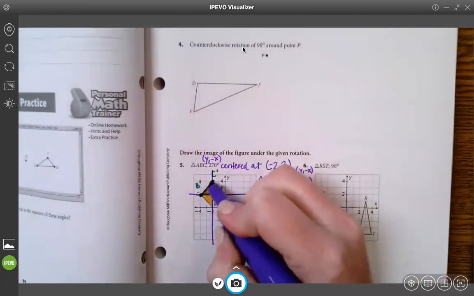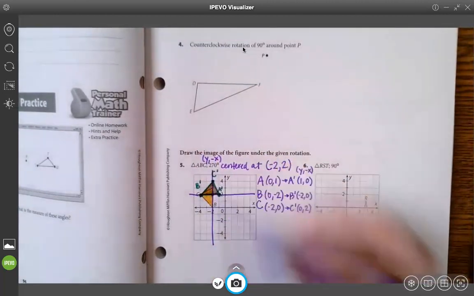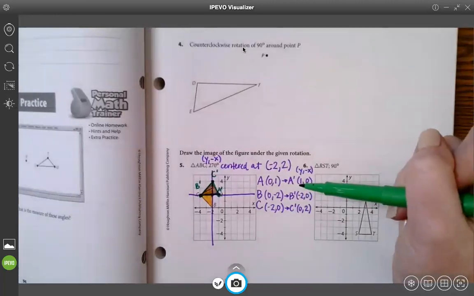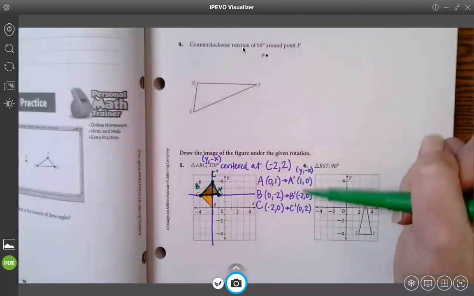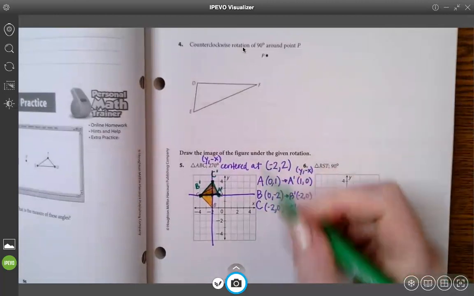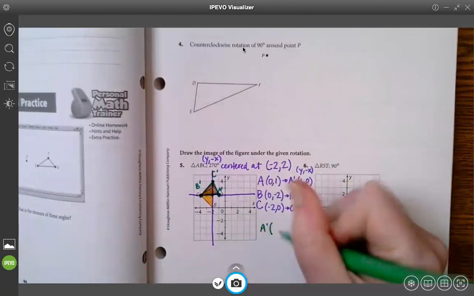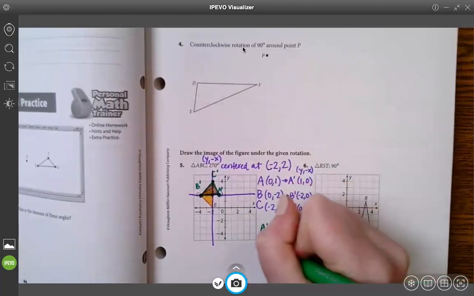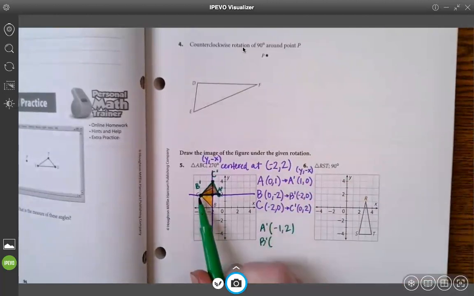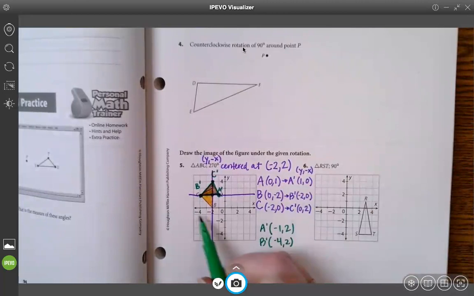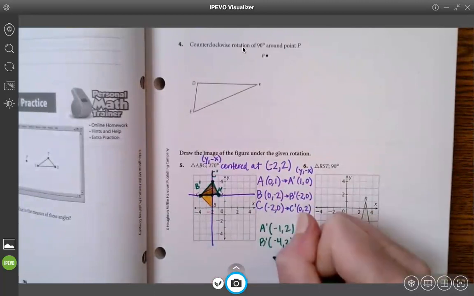So now all we need to do is look up the actual coordinates for A prime, B prime, and C prime. So A prime really on the original coordinates is at -1, 2. B prime really on the original coordinates, where 0, 0 is right here, the numbers that are on the graph, B prime is really at -4, 2. C prime is really at -2, 4.